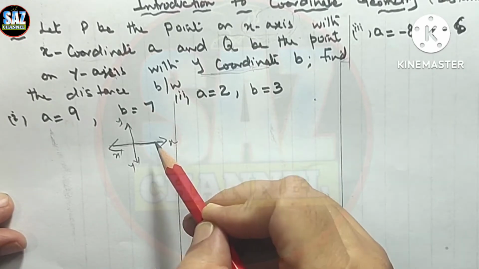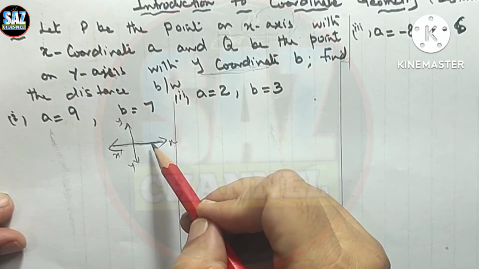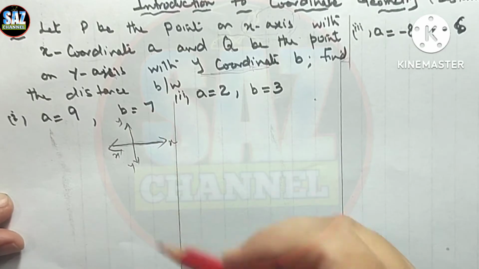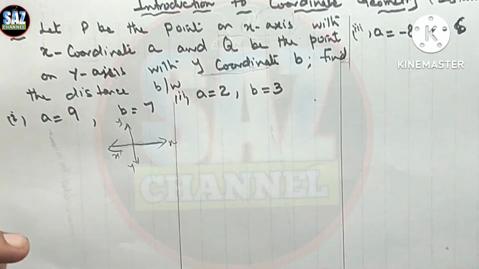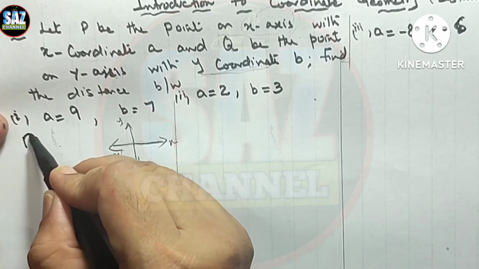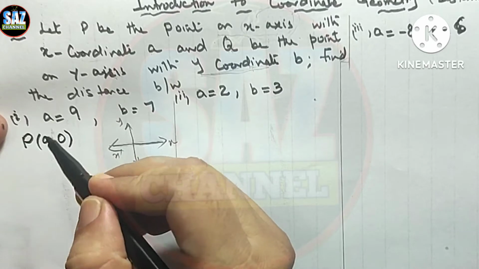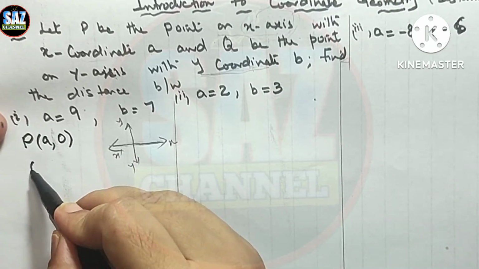So P is on x-axis and P has the x coordinate A. So the coordinates of point P will be A with 0. And Q is on which axis, students?